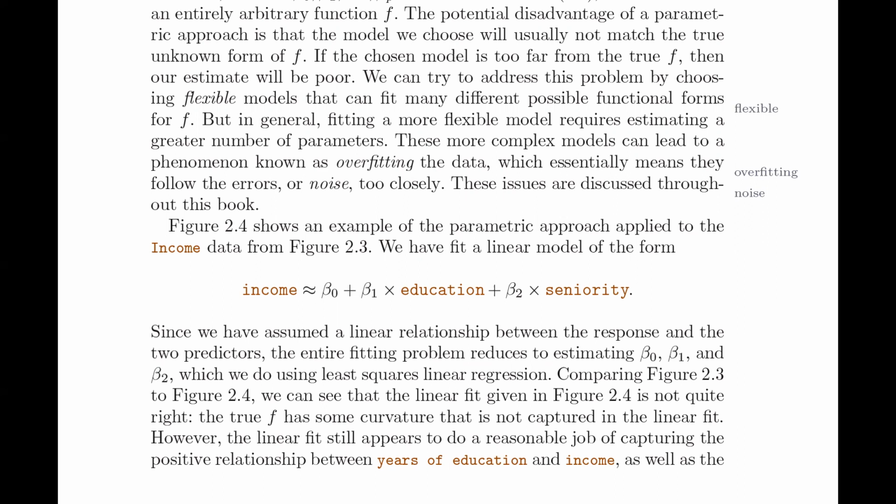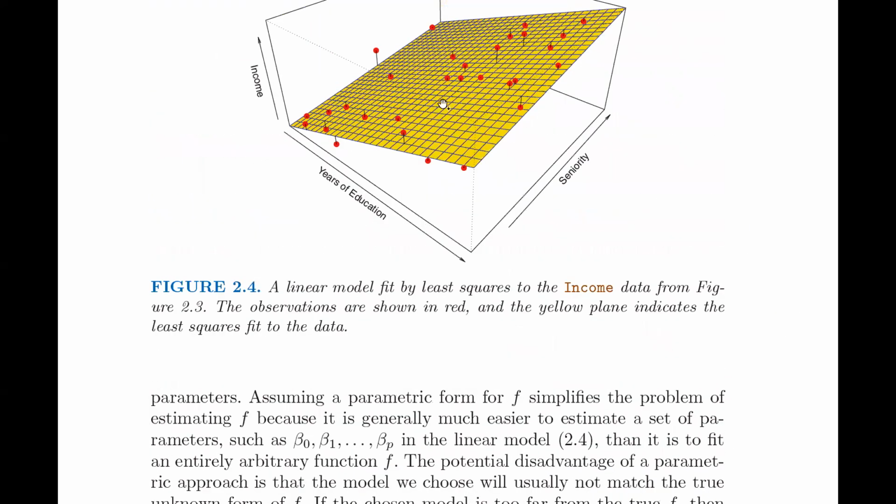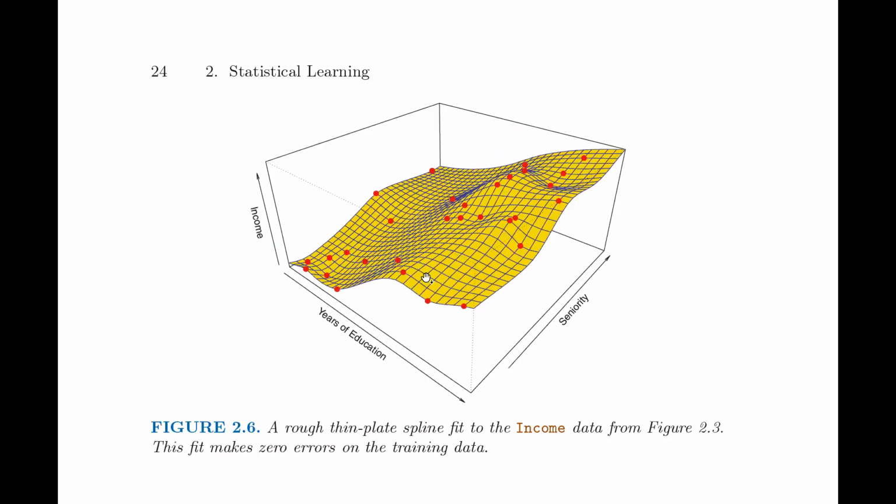So imagine that this is our f hat. We can go back and calculate, and this is the difference, in fact. The yellow plane is your prediction. Your red is your actual observation.